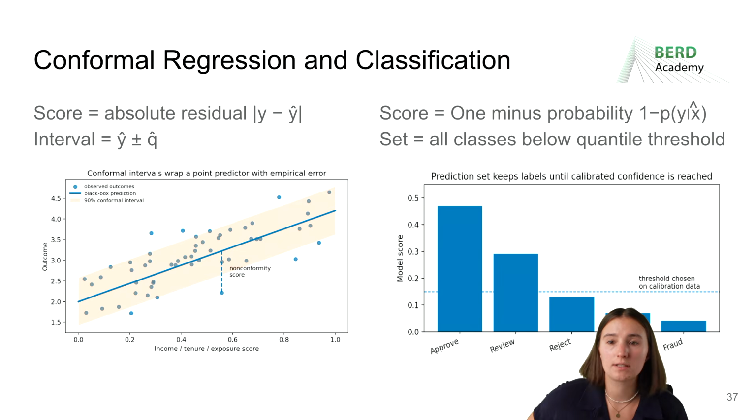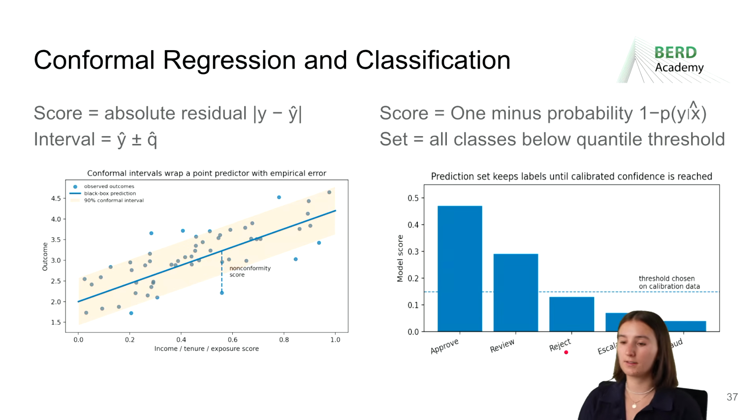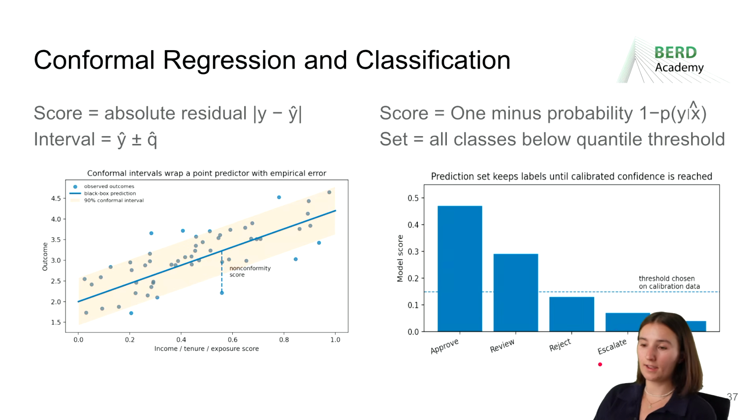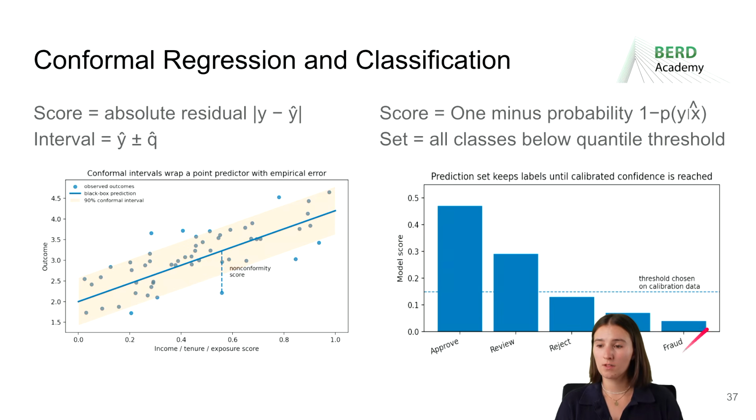So for example here, if we have some fraud detection case and we have the different classes that we can predict, so basically the different actions that we can take would be approve, review, reject, escalate or fraud, we can use our calibration data to figure out which threshold we need to choose.